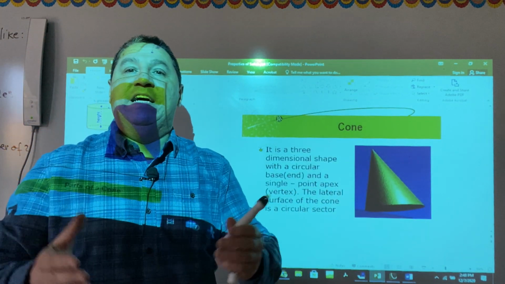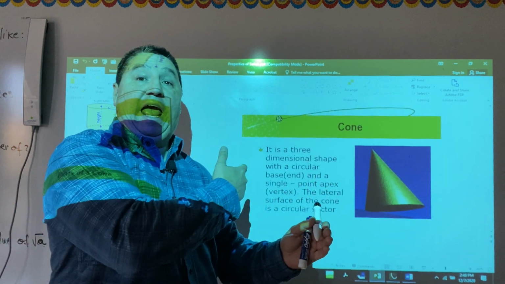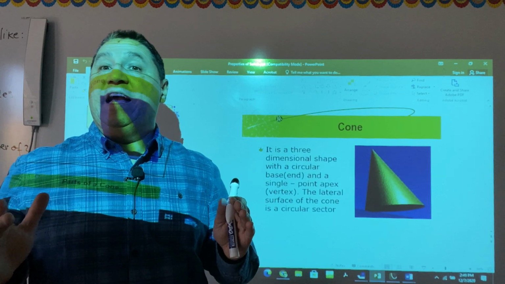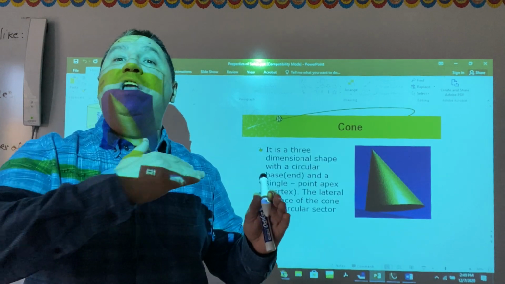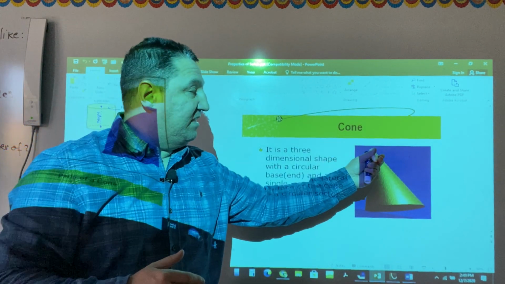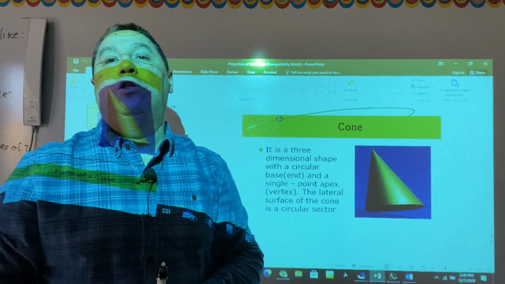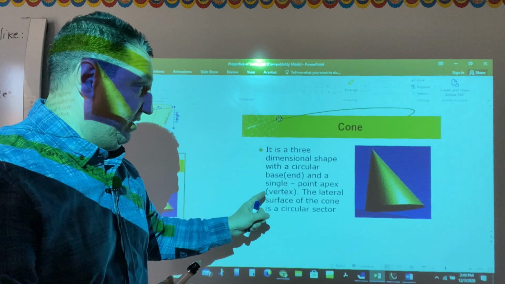In other words, a cone is like a cylinder with only one base, because the other base is reducing to a point called the apex.